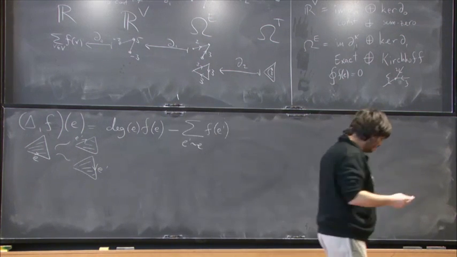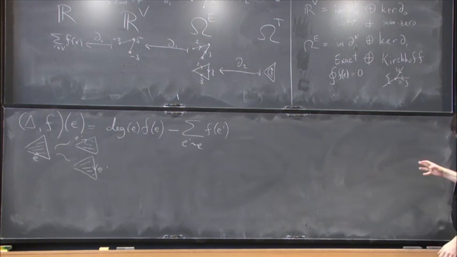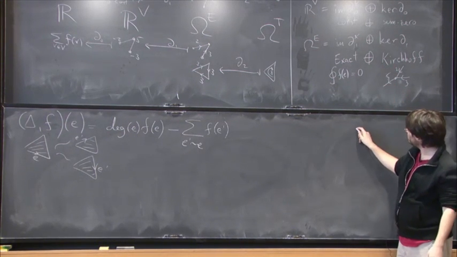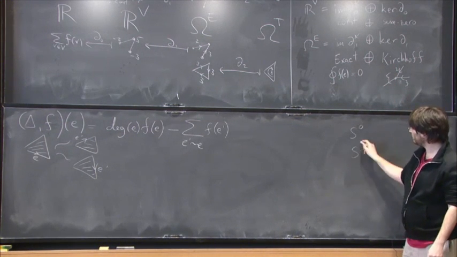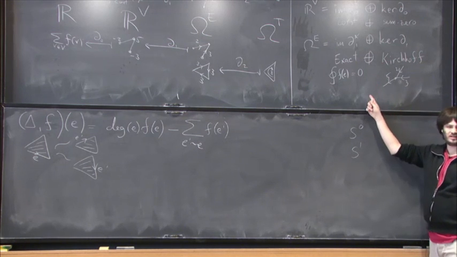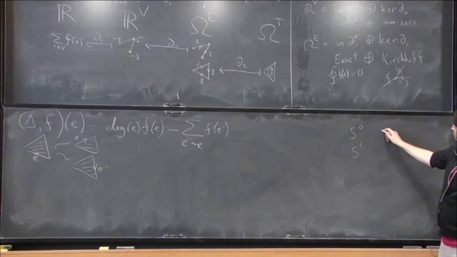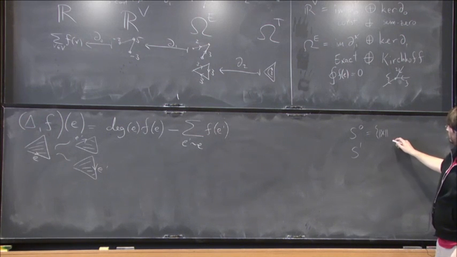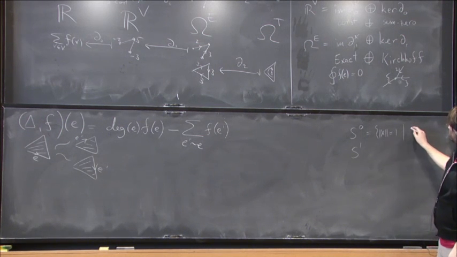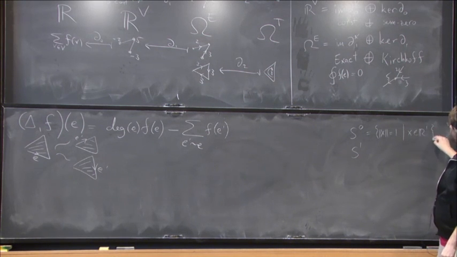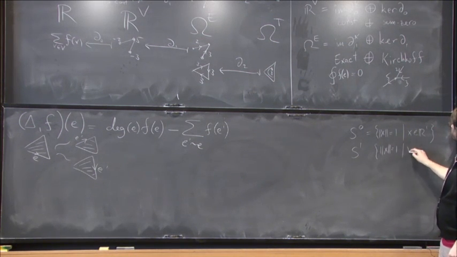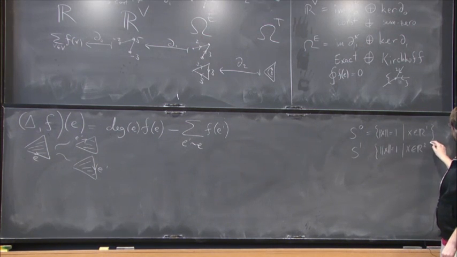From the topology point of view, what we're doing is looking at copies of spheres. In the upper one, we look at a copy of the 0 sphere, and in the lower one at the 1 sphere. The 0 sphere is just 2 points. It's all the x's of norm 1 in R1, and here all the x's of norm 1 in R2.